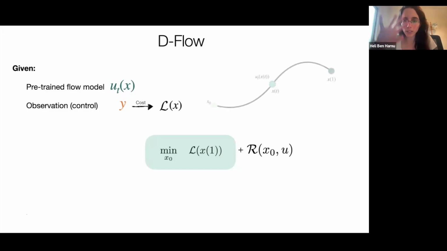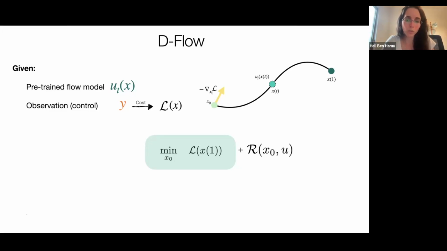And let's try to build a mental image of what happens in this optimization. So we have x0, which is our initial point. And if we sample from it with our flow model, we're going to get x of 1. And the relation between x of 1 and x0 is the sampling procedure that we chose. The gradient that we're going to compute is the gradient of our cost function with respect to x0.